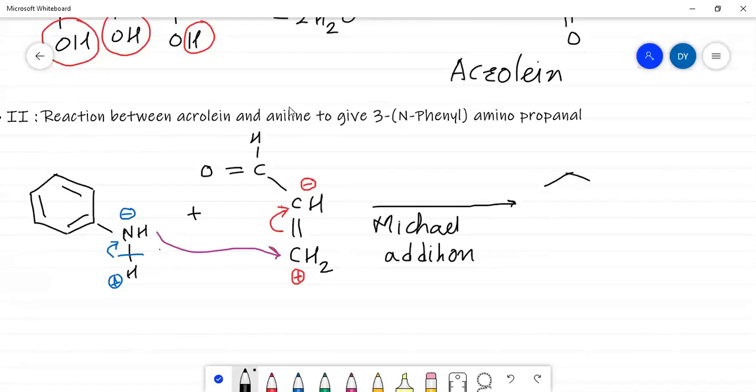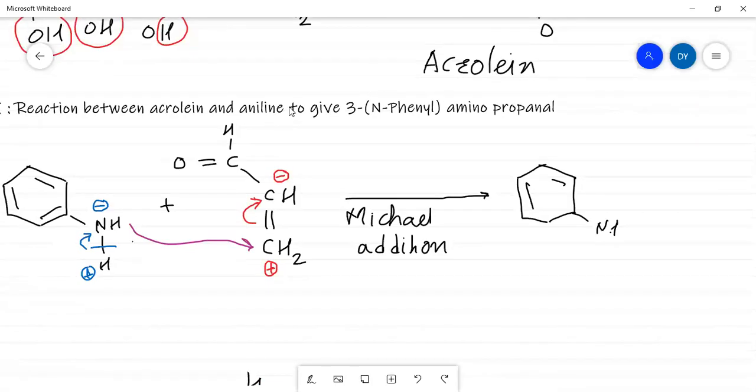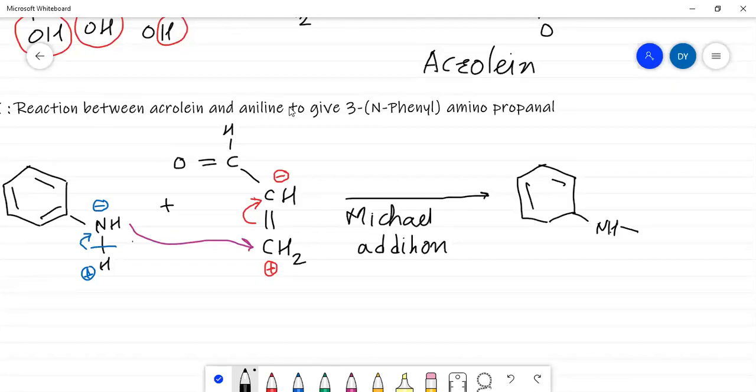So what type of reaction takes place? The benzene ring stays as it is, and one of the bonds between nitrogen and hydrogen is already broken. So here I write CH2, then CH, and here C double bond O H. Okay, now this CH carbon is negatively charged, that's why one hydrogen is attached here.